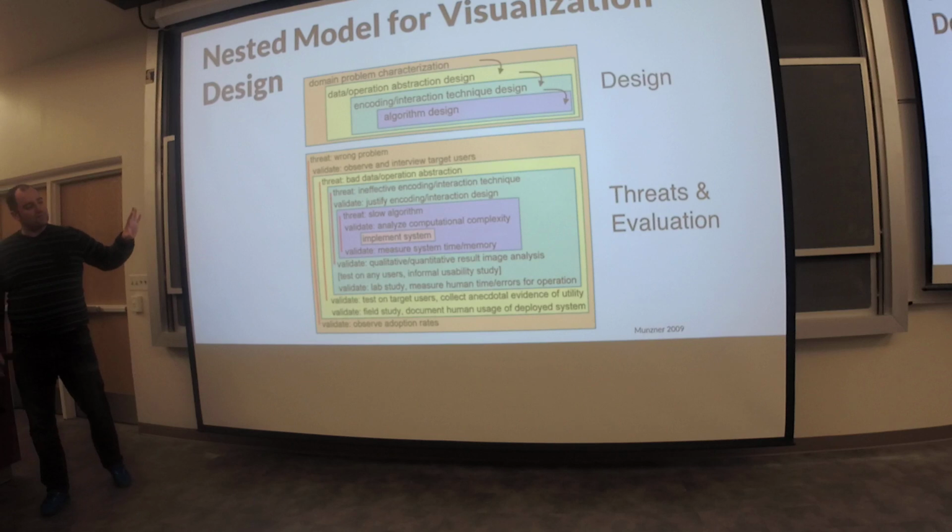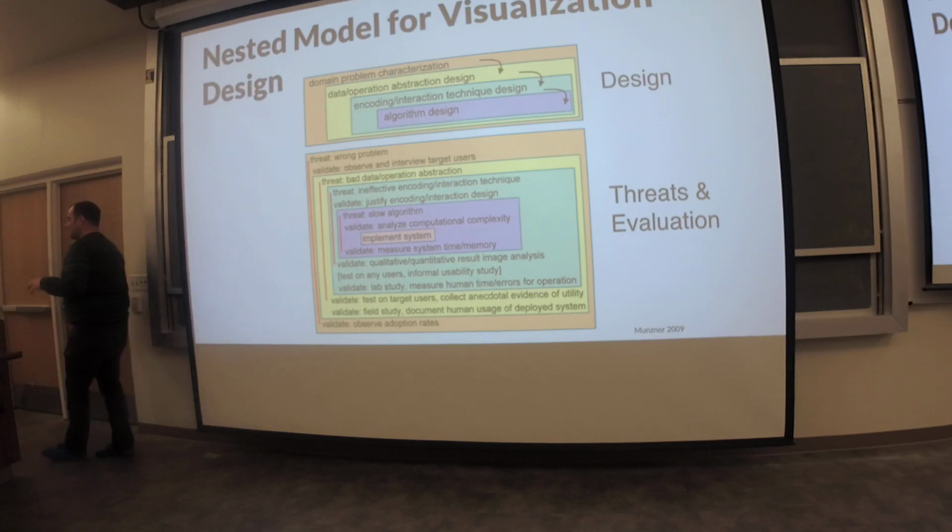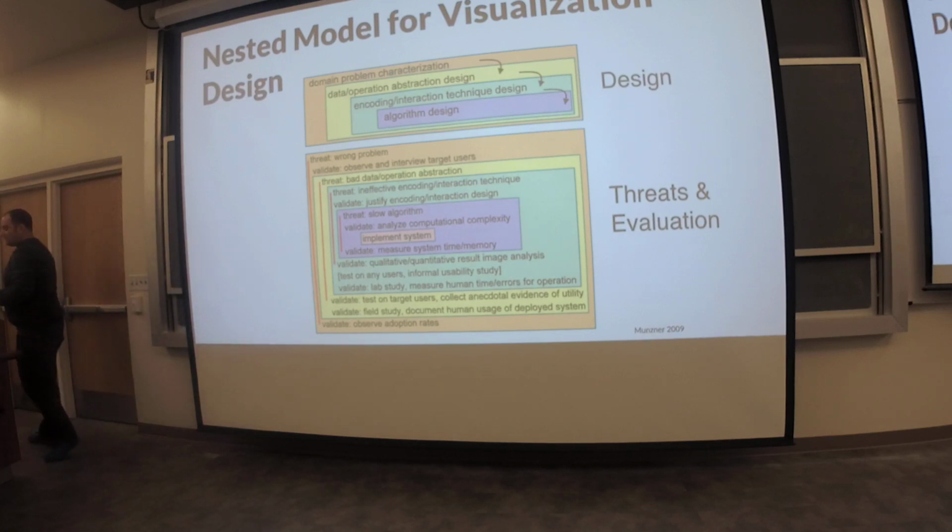Here is the idea of what you can get wrong at each of those stages, and what you can do about it. What you can get wrong at the domain problem characterization step is to pick the wrong problem, right? This isn't the problem that you need visualization for.